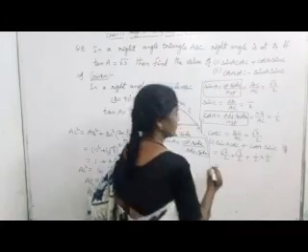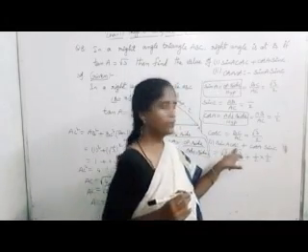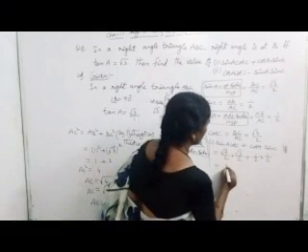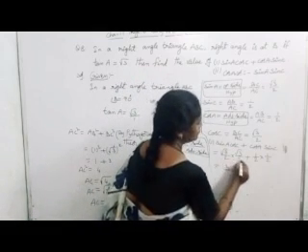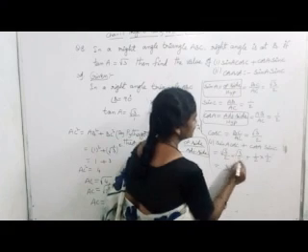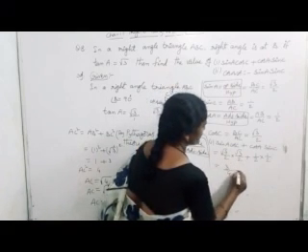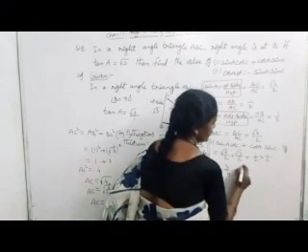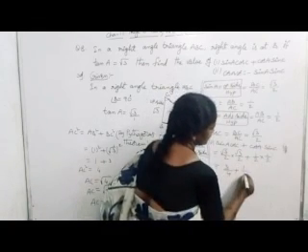Now see, √3 into √3 becoming 3, by 2 into 2, denominators we are multiplying, 2 twos are 4, plus numerators 1 into 1, 1 by 2 twos are 4.